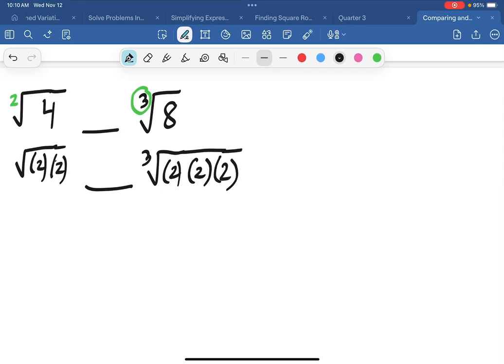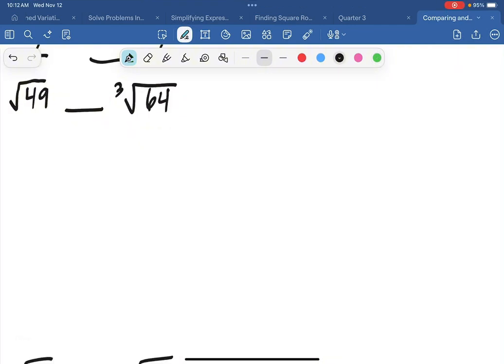That means when we extract the value inside the square root, we get 2, and when we extract the cube root, the value is also 2, which means the answer is equal. So the square root of 4 and the cube root of 8 is just 2. They're equal, they're the same.